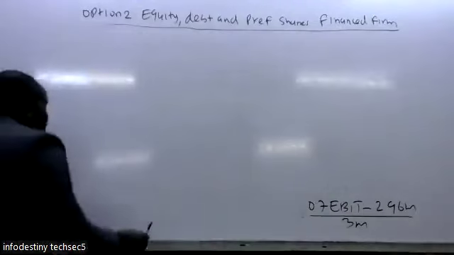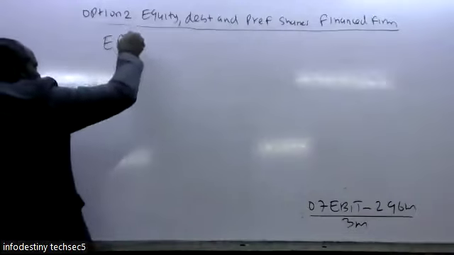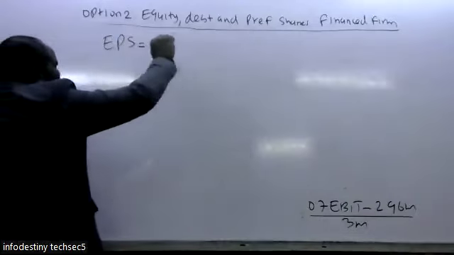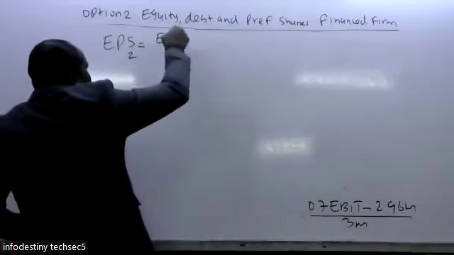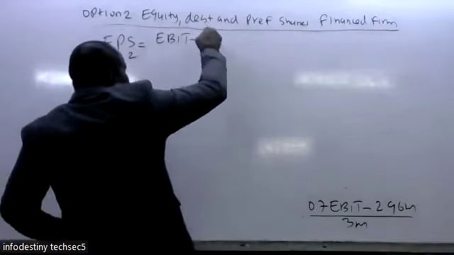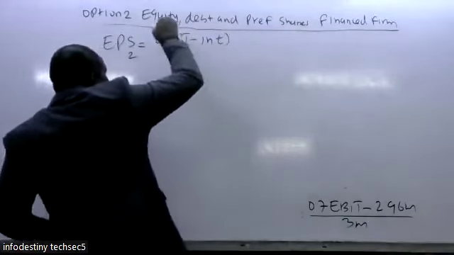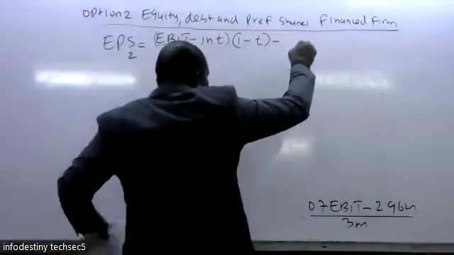So to compute the earning per share for option 2, it will be earnings before interest and tax. We subtract interest, then 1 minus the corporate tax.